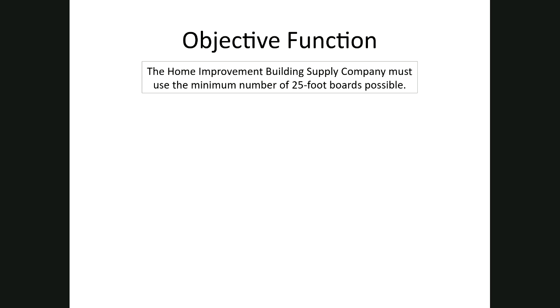So that's one way to express that. And then the question again becomes, how do we calculate the total number of boards that we're going to use? And that's the next issue.